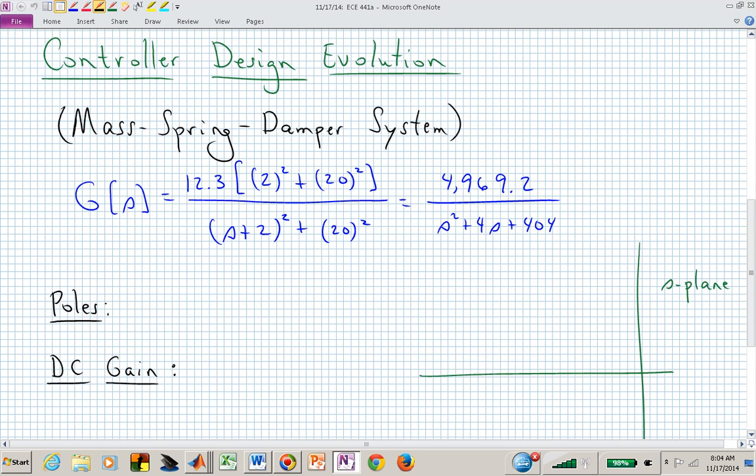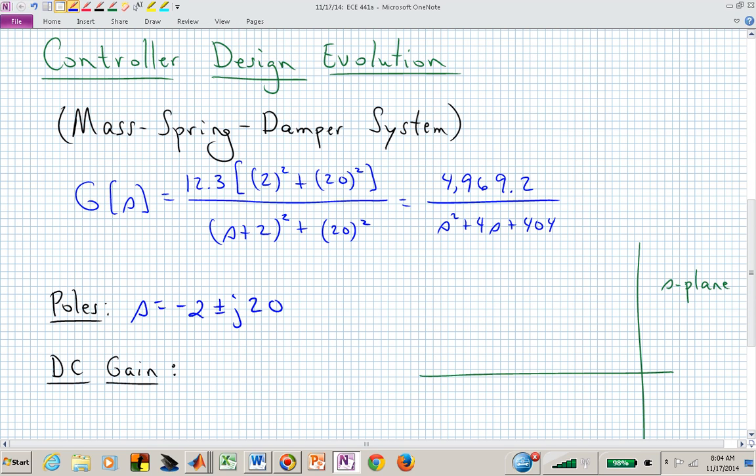Where are the poles located in this system? Is it clear from the factored form that we do have poles at -2 plus and minus j20?